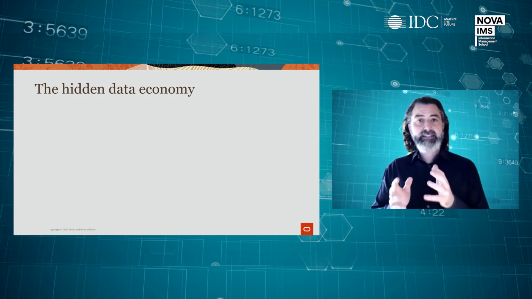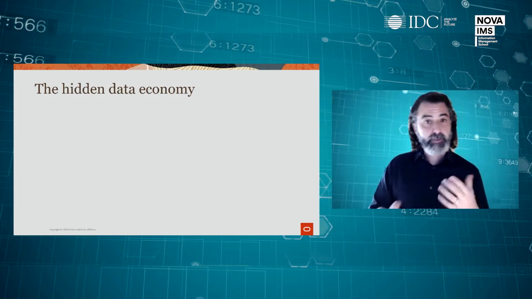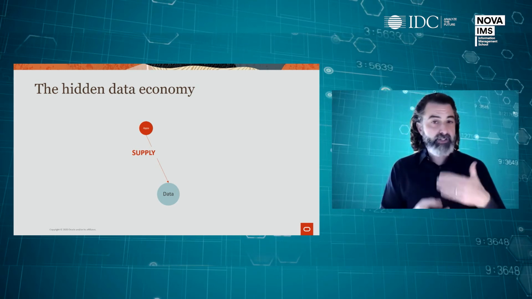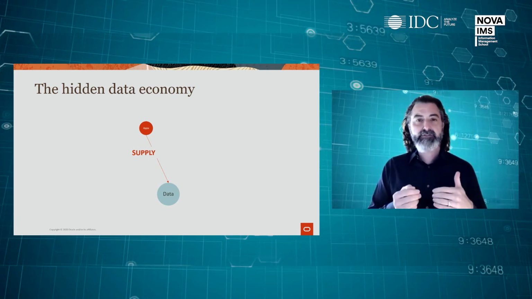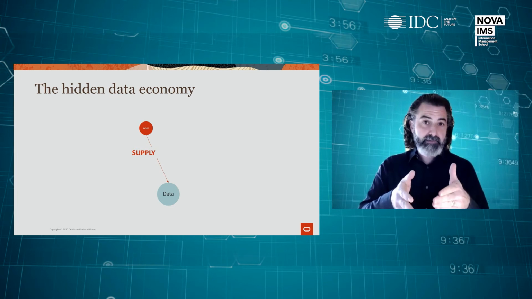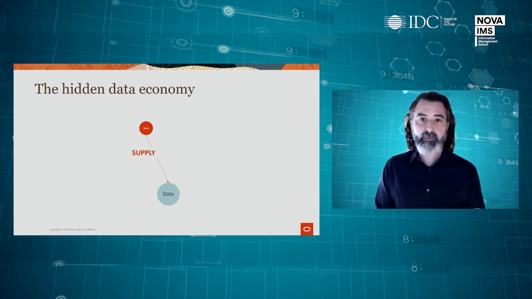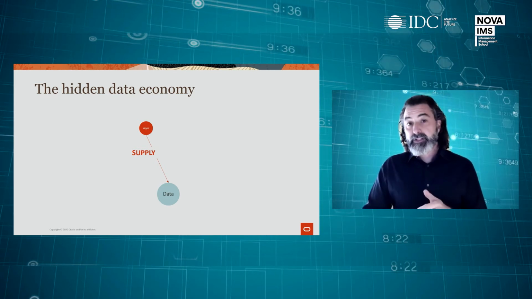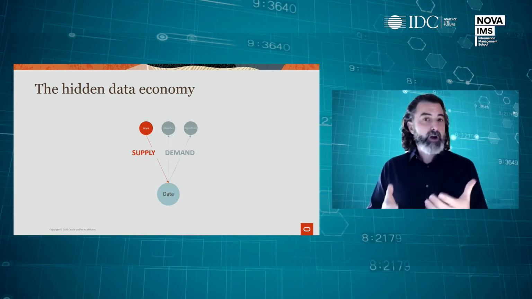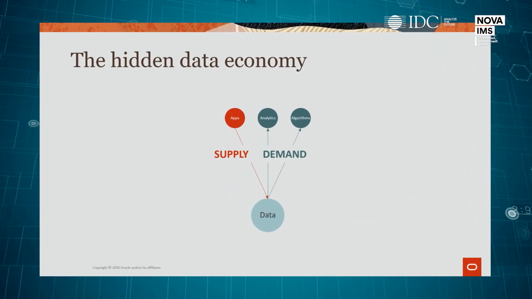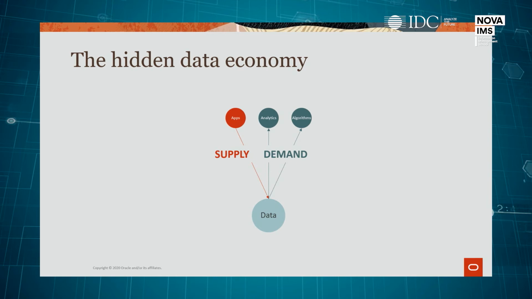Now, in this hidden data economy, there is a supply side, and the supply side comes primarily from applications, sensors, devices that are originating observations. They are originating data that then gets stored somewhere. On the demand side are analytics and AI models that want to chew on that data to do something with it.